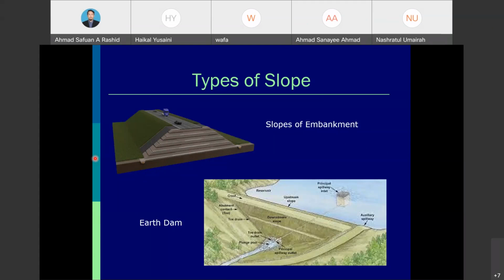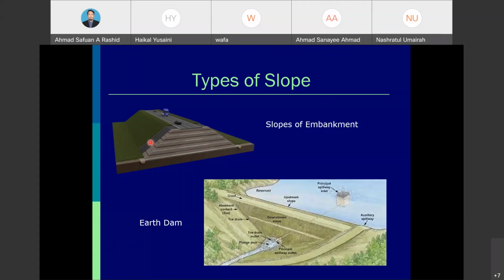So the next is the earth dam, used to make a reservoir for water. So this is the earth dam structure. It needs to be built with the same approach as the slope embankment.